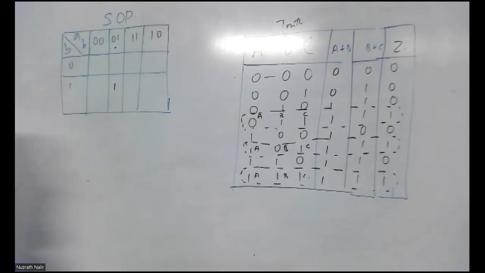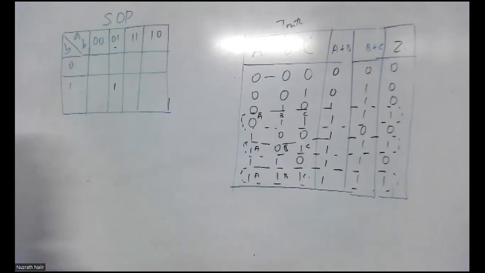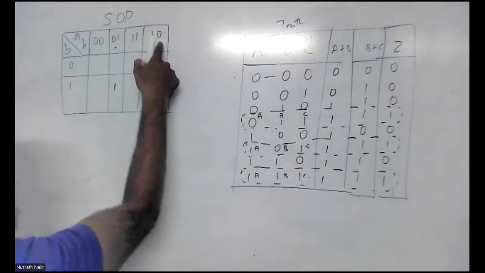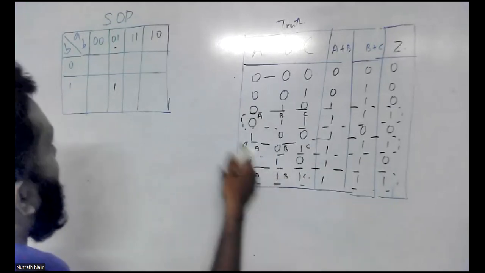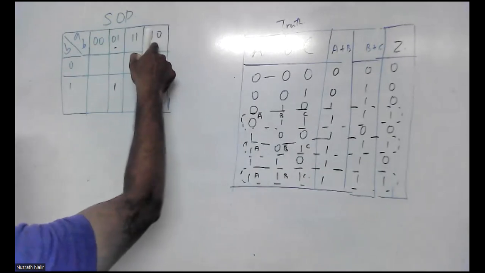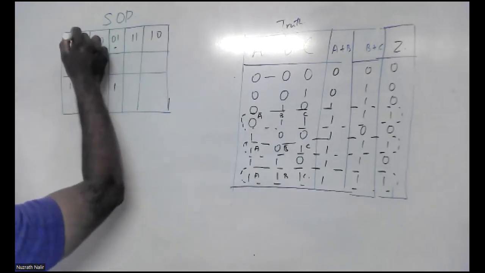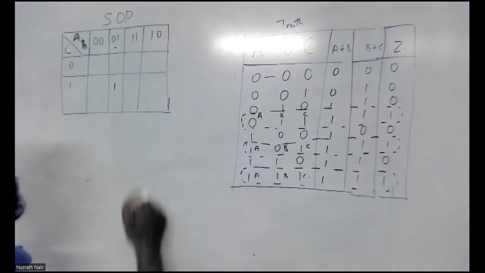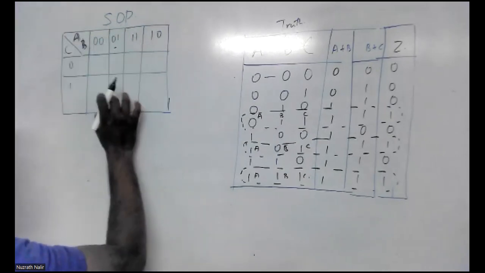So this is 1. The next one: A is 1, B is 0, and this is C. This is A, this is B, this is C. So A, B, C is 0, 1, 1.